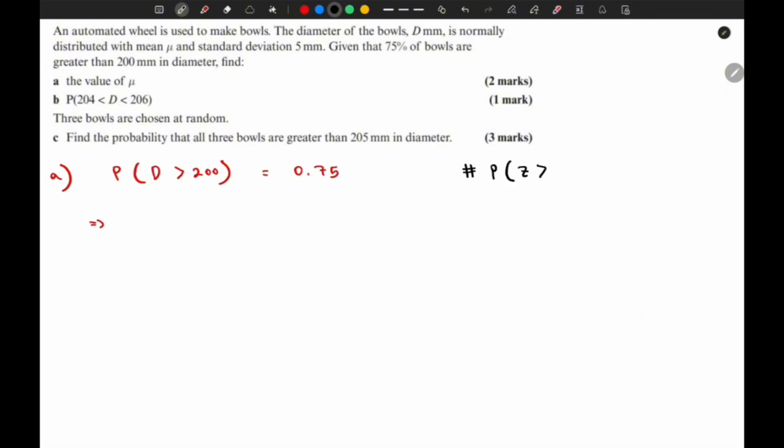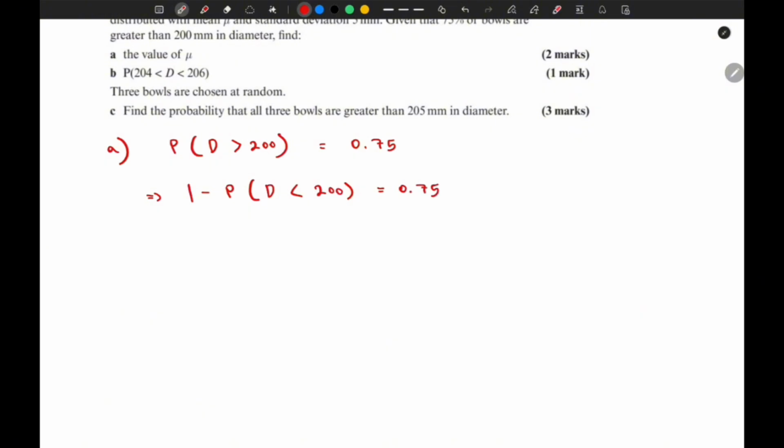Probability of z is greater than a can also be written as 1 minus probability of z is less than a. I have talked about how this formula came in my previous part when I was explaining the normal distribution chapter. So if you're still confused about how it was derived, you can go back to the part where I explained this.